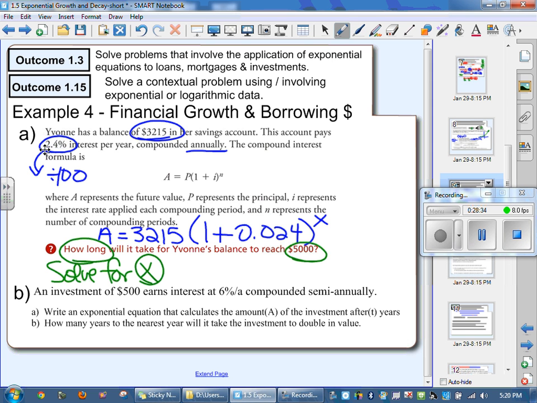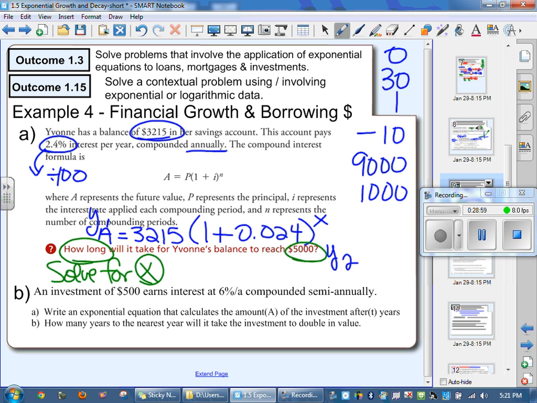Now, do you have to do it that way? No, you could have done it algebraically as well. A good window for this equation would be 0, 30, 1, -10, 9,000, and count by 1,000. That's a good window to use for this question. So if we're doing it graphically, y1, y2, we will do an intersect. We're going to notice that it comes up with an answer for x.